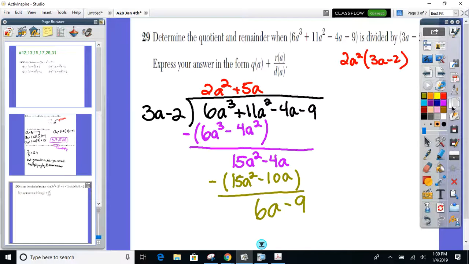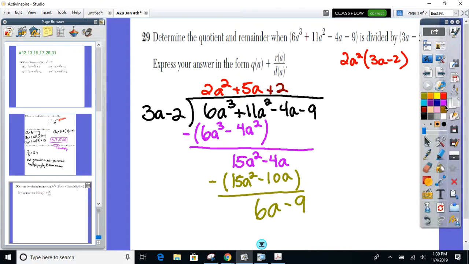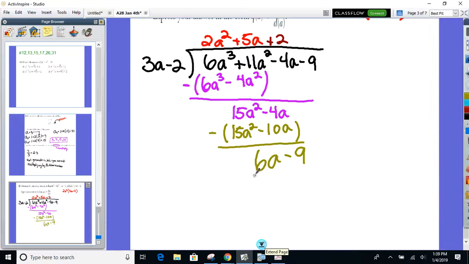All right, one more trip here. 3a times what to get to that 6a? Dig deep. 2. So plus 2. Same thing, go ahead. Distribute. So I got 6a here. What's my number now? Minus 4. But your remainder is not going to be negative 13, is it?